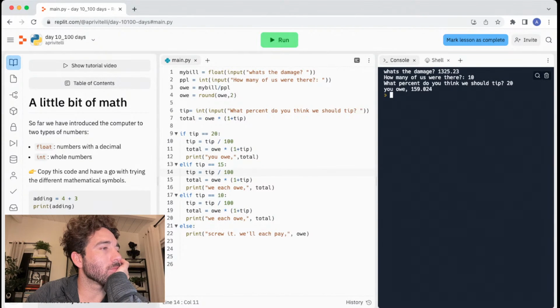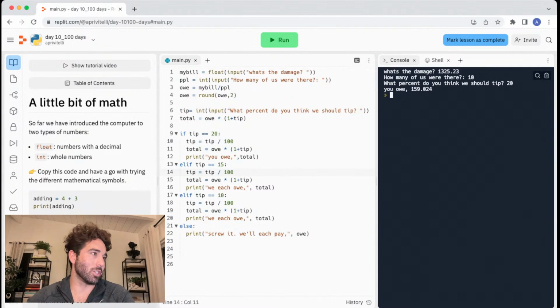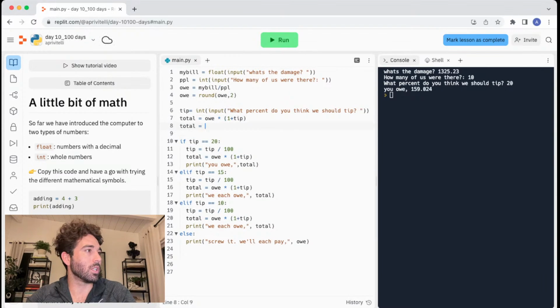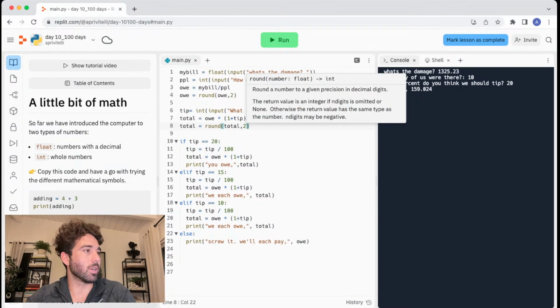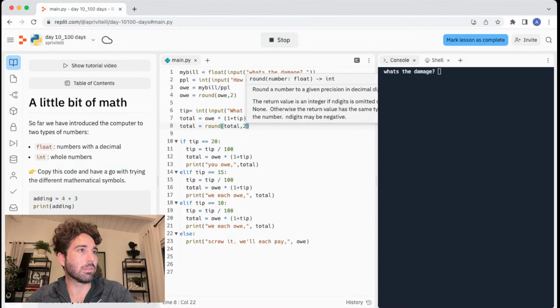Oh, I know why. I'm rounding tip, not total. Okay, so then I should do total equals round total 2. Okay, let's try this again. What's the damage?